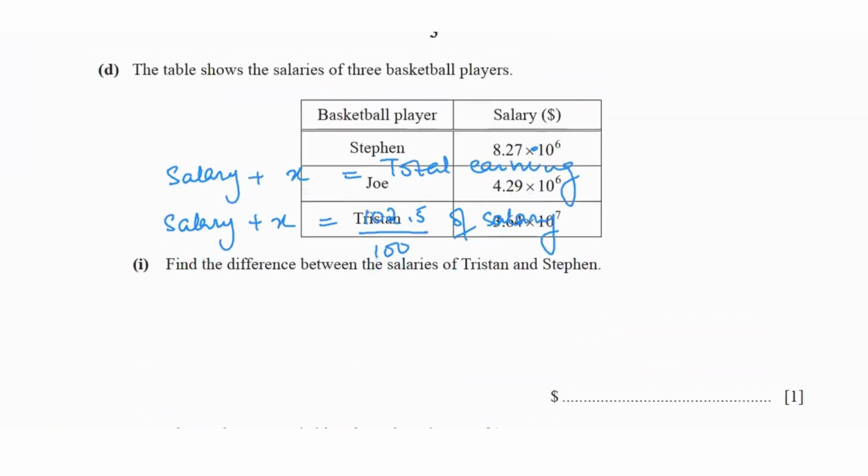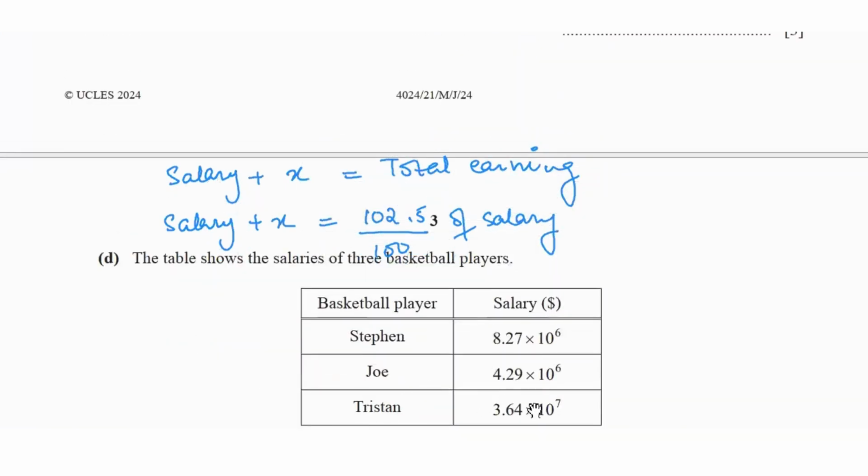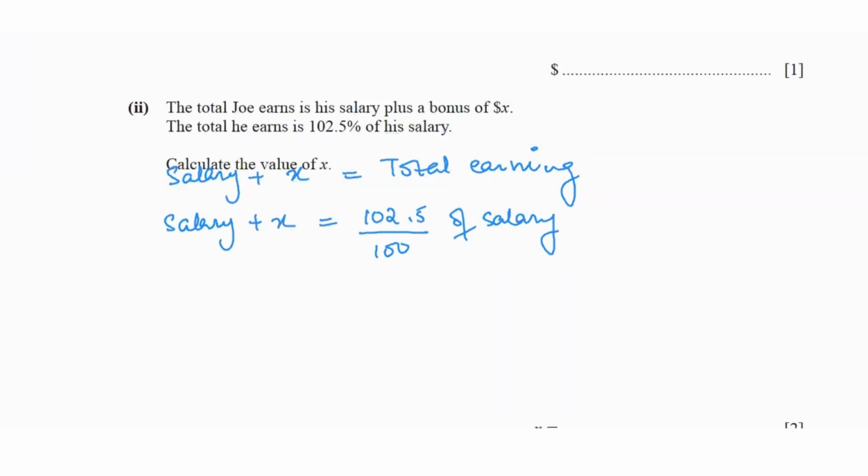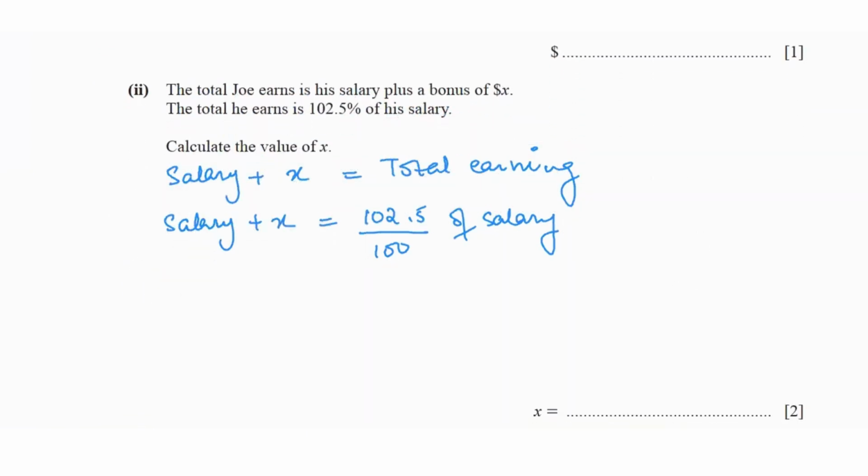So if we go back to the table, we can see that Joe earns 4.29 times 10 to the power of 6. So that means it's going to be 4.29 times 10 to the power of 6 plus X equals 102.5 over 100 times 4.29 times 10 to the power of 6.